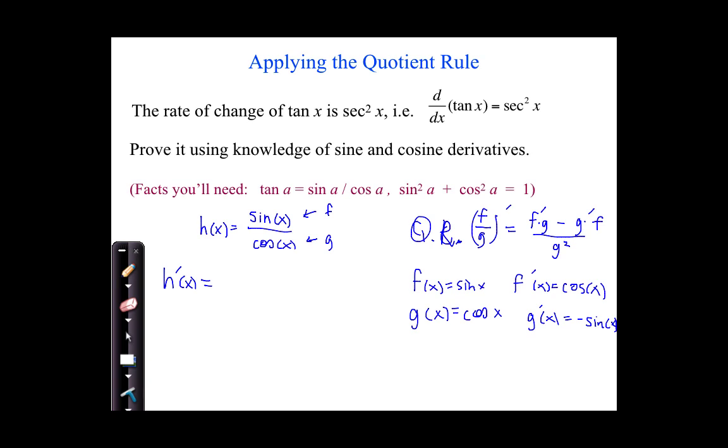the numerator is going to look like that. Let's see, f prime times g. Oh, that's cosine of x times cosine of x. Cosine squared of x. So I want to write it this way: cosine of x times cosine of x, you can write as cosine of x, whole thing in parentheses, squared. The more frequent way you'll see that written, to avoid parentheses, is oddly sticking the squared in the middle of the expression.